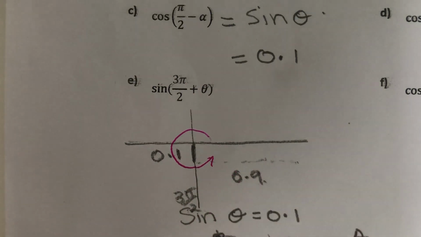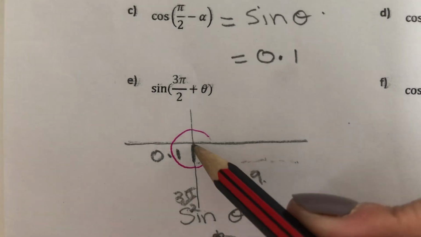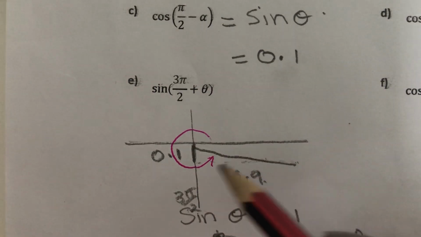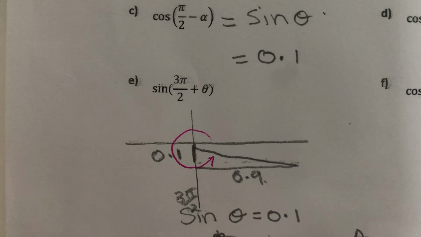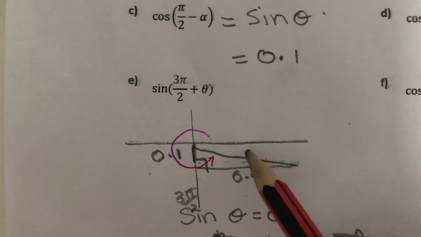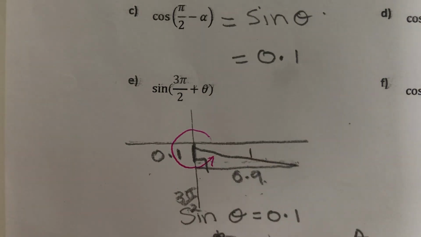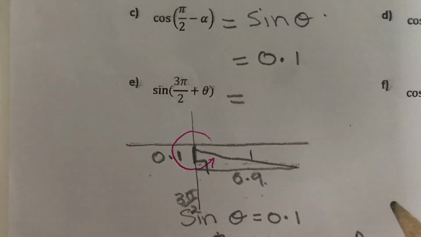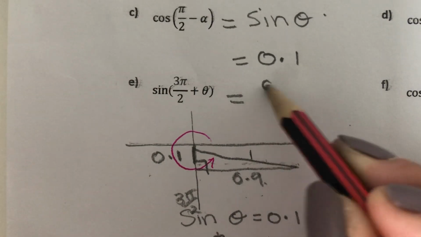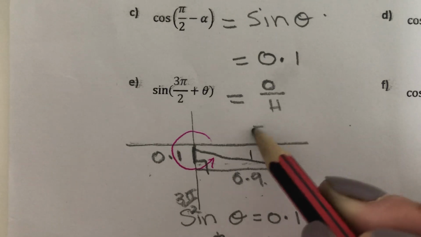Okay, so we want to know what is coming out. So we draw our line there, thus creating our triangle that way. All right, so we have 0.1, we have 0.9, and we have our right angle triangle. And of course, this one is equal to 1. All right, so we want the sine of that value, and sine is opposite over hypotenuse.